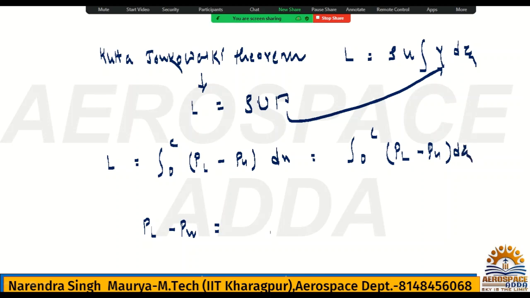What will be PL minus PU? Check, it is nothing but rho u into gamma. You compare it, so you may get, PL minus PU is nothing but delta P. So basically, what is the total delta P?